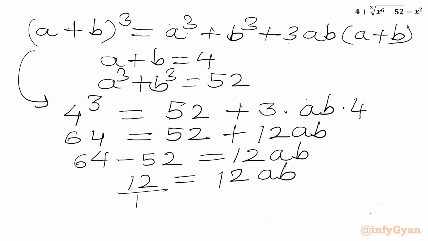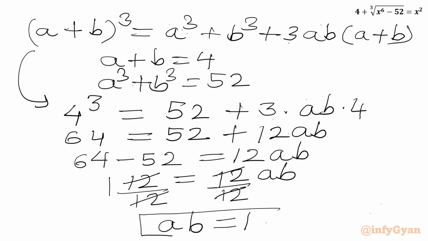64 minus 52 is 12, equal to 12ab. Now we can divide both sides by 12. We will get ab equal to 1. Let me write here ab equal to 1, and our equation a plus b was 4.